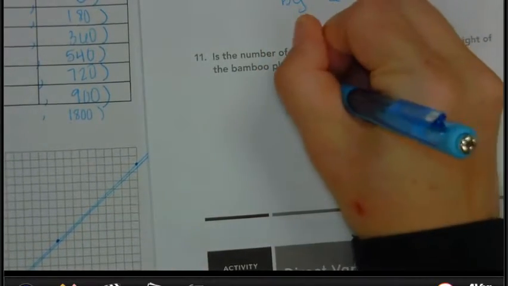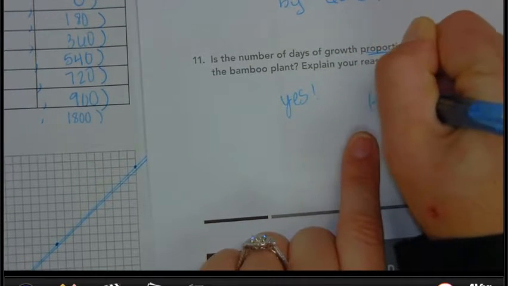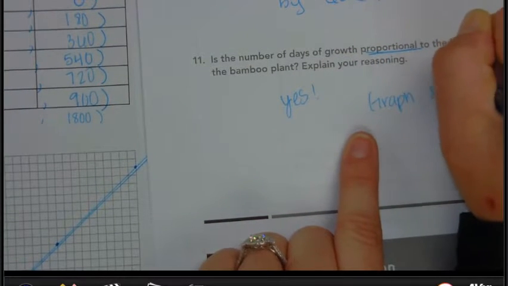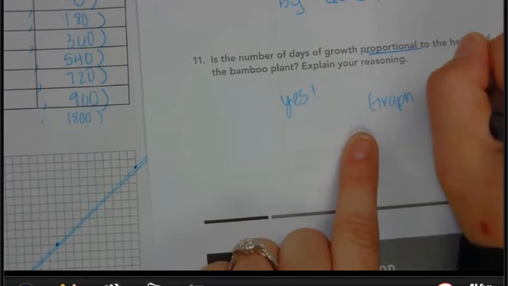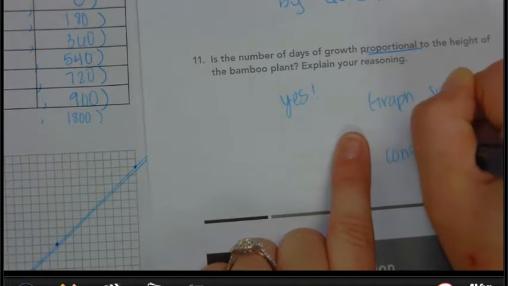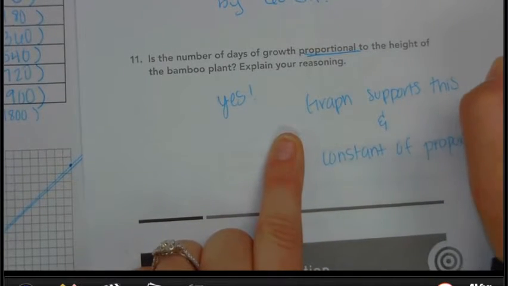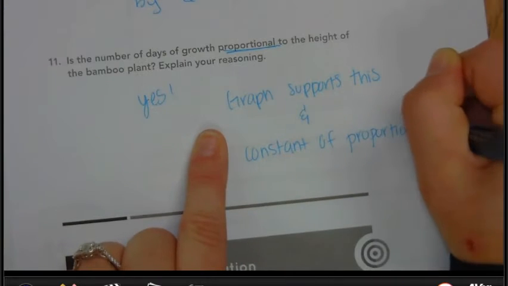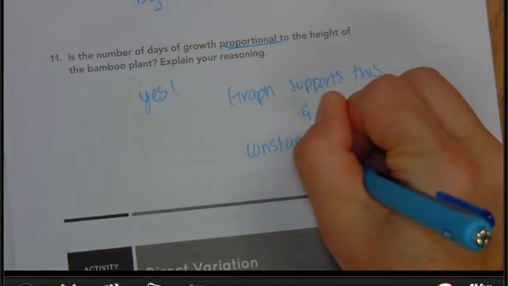Is it proportional? So the first thing is our graph. So my graph supports this. Okay, and my constant of proportionality, my K value.